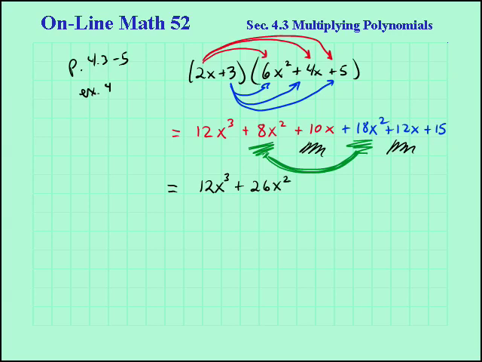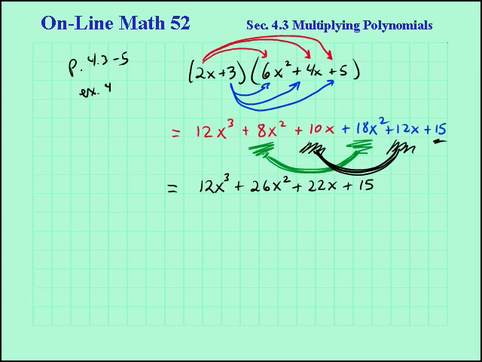And the 10x and the 12x, both of them positive, like terms, 22x. And then this 15 is all by itself. It's the only constant term we have. So originally we started, when we multiplied, we got 6 terms. We were able to simplify it down to just 4 terms.